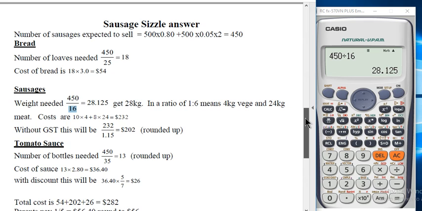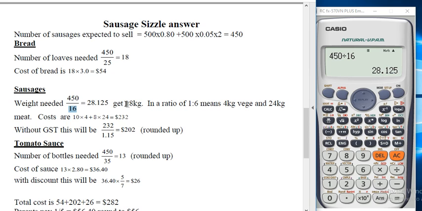But then another person might say, well, it doesn't matter if a couple of people miss out, we don't want to have too many sausages left over, so could round it down to 28. So the answer actually could be open to opinion, either 28 packets or 29 packets. We will stick with 28 packets of sausages.